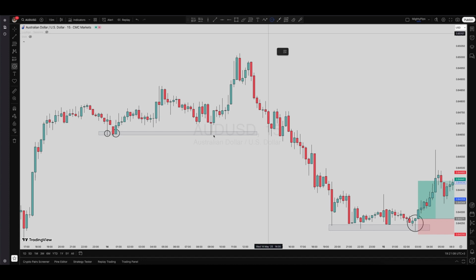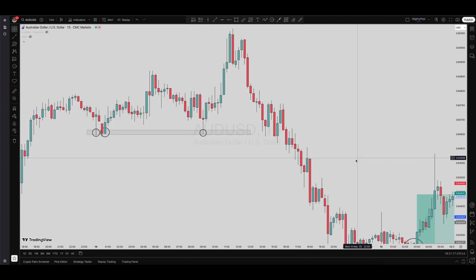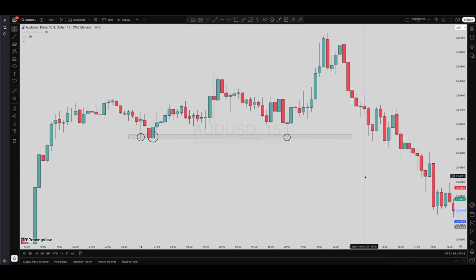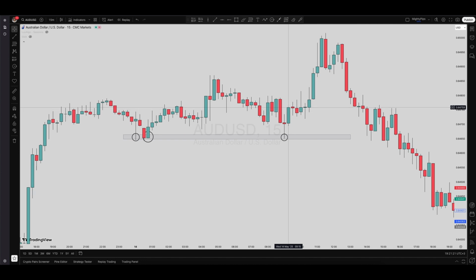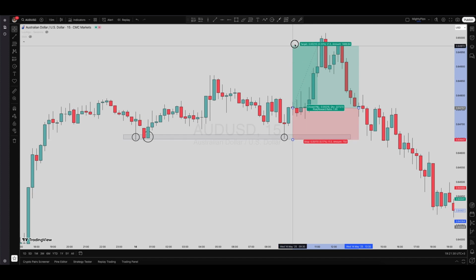And then when the market came back here, you can see it created a spinning top, which is bearish. And then after that, there was a big bullish body candle that closed this one. So after that candle closes, you could take your trade there and your stop loss just below that level right there. And then you could target a 1 to 2, which you could get right there, okay?